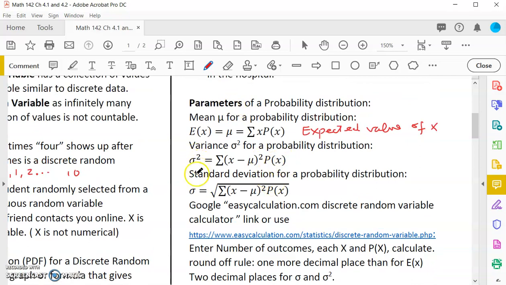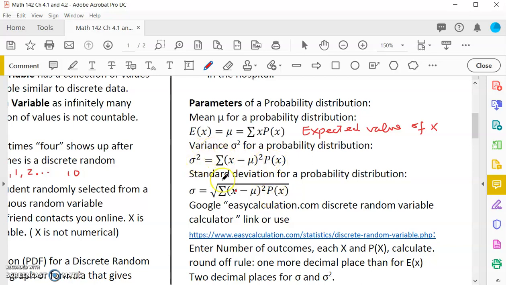And then there are 2 others that describe how the x values are spread out. One is called standard deviation. This will tell you how it's spread out. The way to calculate it is just like in data. Each x value minus the mean, square it, and times p of x. So this is a lot of calculation if you are to do it by hand. Sigma square is called variance.